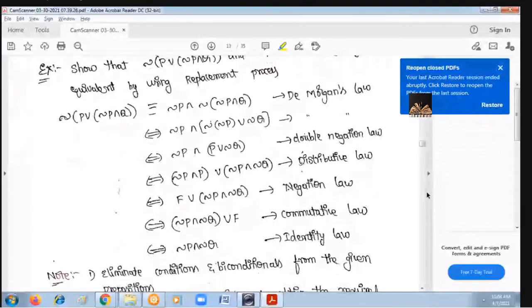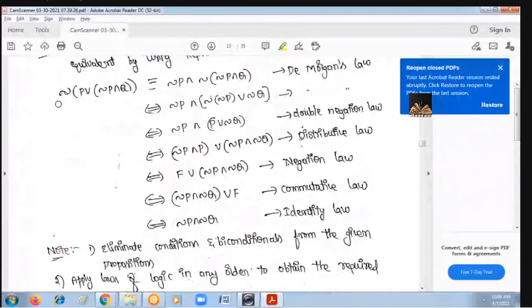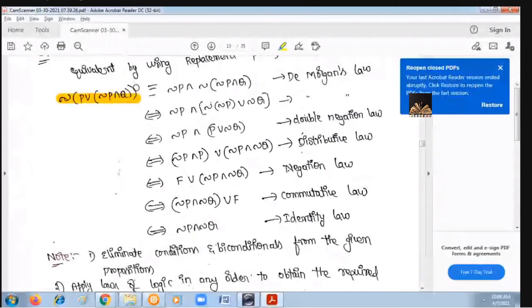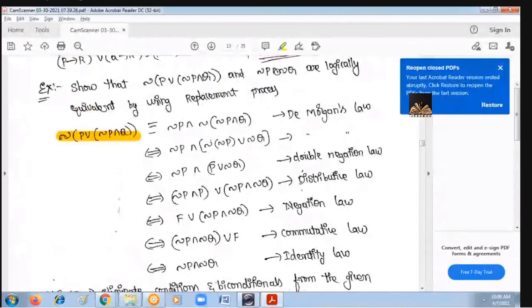So take the LHS part. What is that? Negation of P or negation P and Q. Now, you need to derive negation P and negation Q as a result from this proposition. When you don't have any conditional or biconditional statement, you can omit the first step.